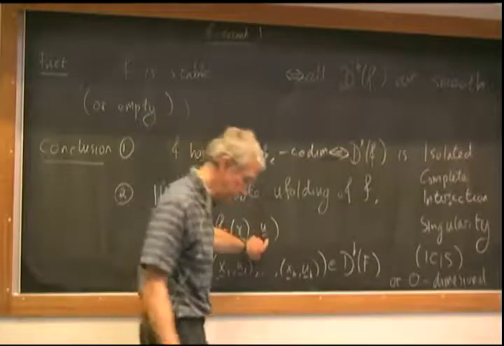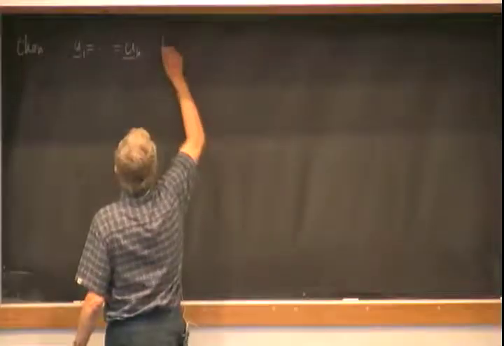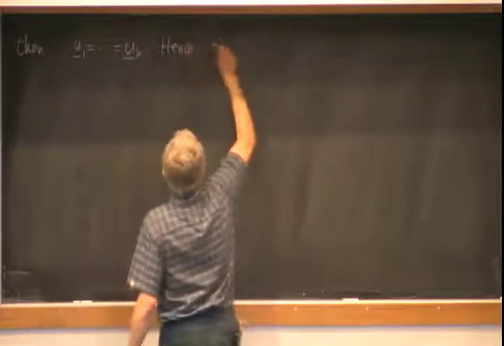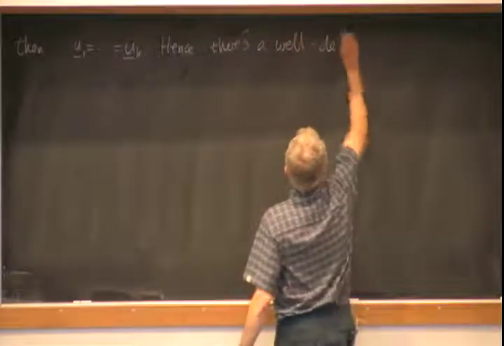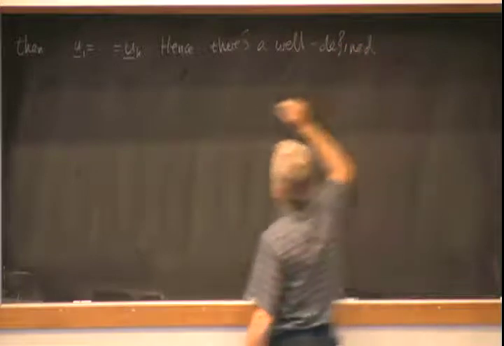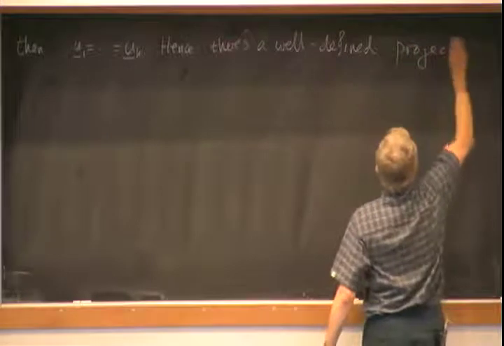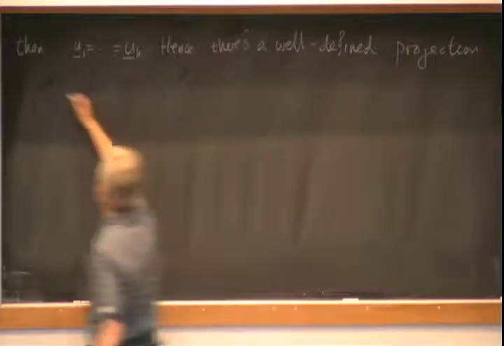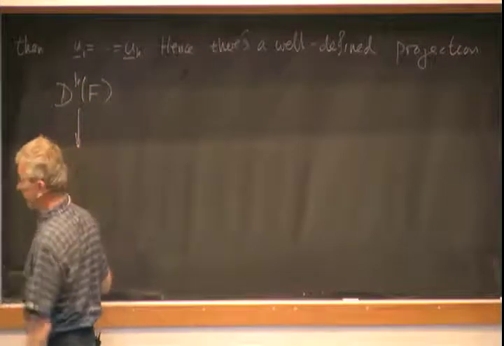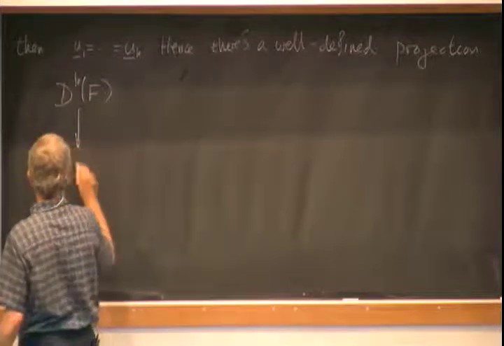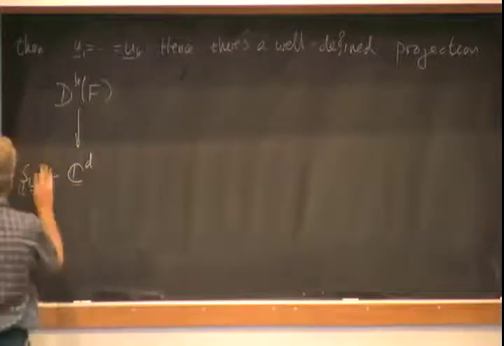We hold on to the parameter. So, hence, there's a well-defined projection from D^k of big F down to the parameter space, which is the space of the parameters u.